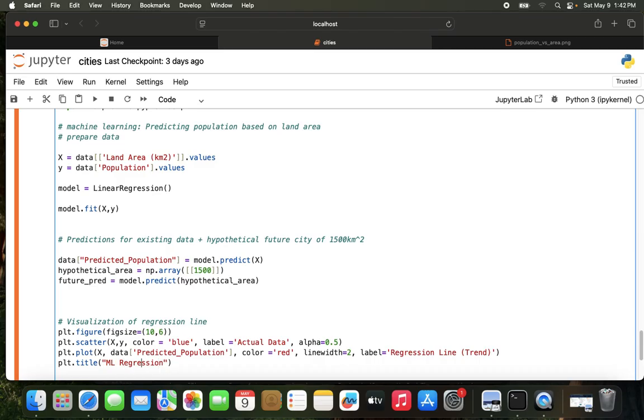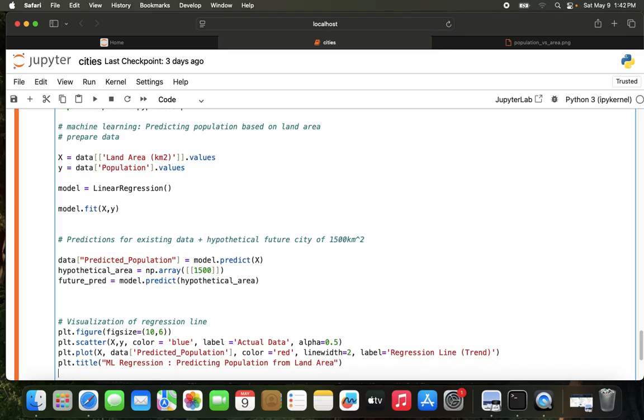Okay, machine learning regression, and then let's call the title predicting population from land area, like so.